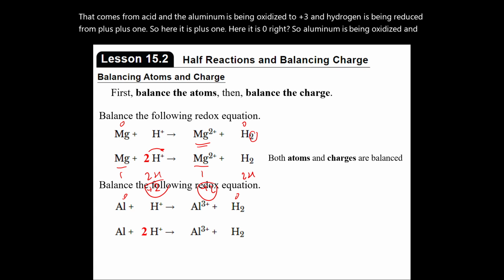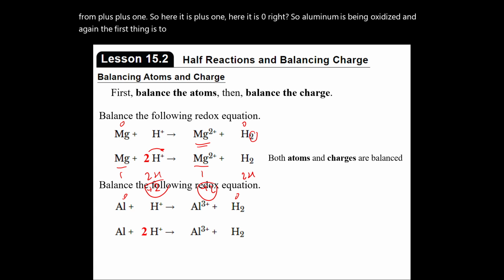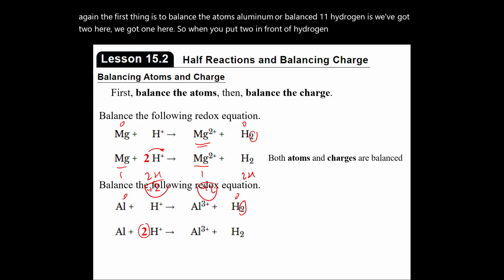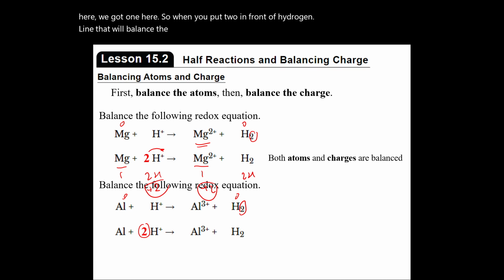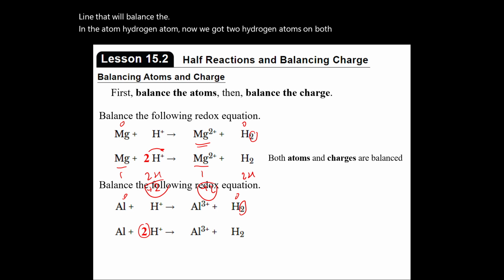And again, the first thing is to balance the atoms. Aluminum is balanced, 1, 1. Hydrogen, we got 2 on one side and 1 on the other. So when you put 2 in front of hydrogen ion, that will balance the hydrogen atoms. Now we got 2 hydrogen atoms on both sides.